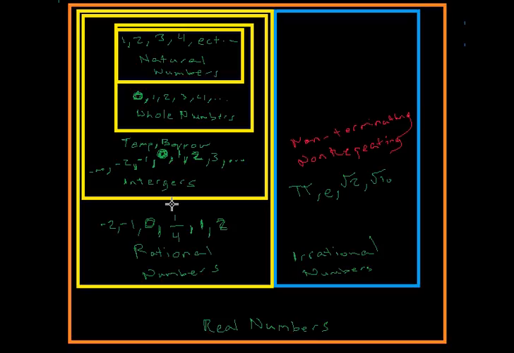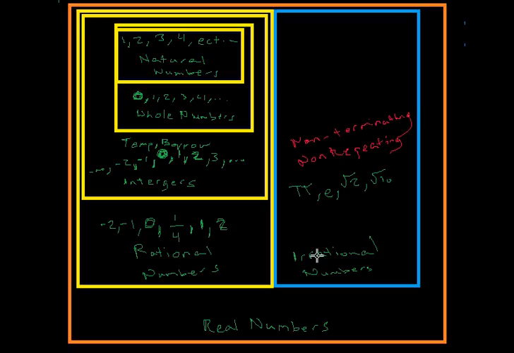When you begin building fractions or ratios based on integers, where the denominator does not have a 0, you have a set of numbers called rational numbers. Again, those rational numbers are integers that create fractions.